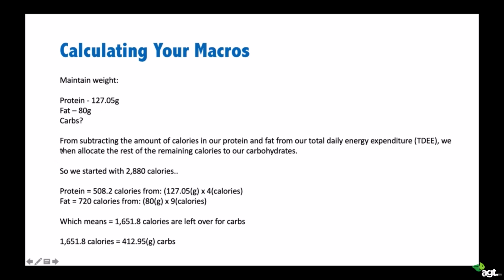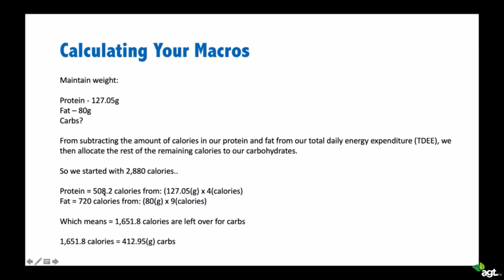What we do here is subtract the calories in our protein and fat from our total daily energy expenditure, our TDEE, and we allocate the remaining calories to our carbs. So finding out what 80 grams of fat is in calories, and what 127.05 grams of protein is in calories, we can minus that off the total, which is 2,880, to find out how many calories are left to allocate to carbs.